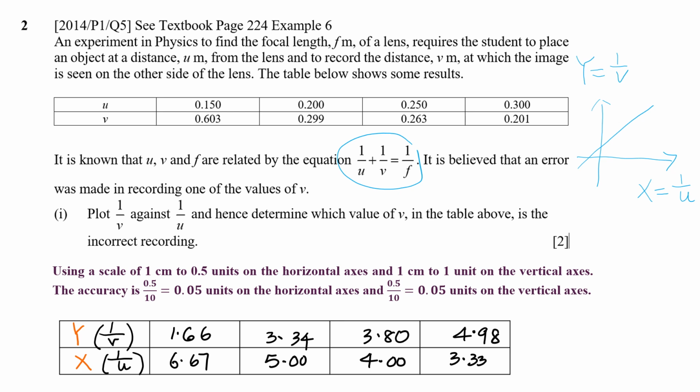How do you know it's a negative gradient? Because you can rewrite this equation in the form big Y equals to m big X plus c. So therefore, you can write it as 1 over v equals to negative 1 over u plus 1 over f.